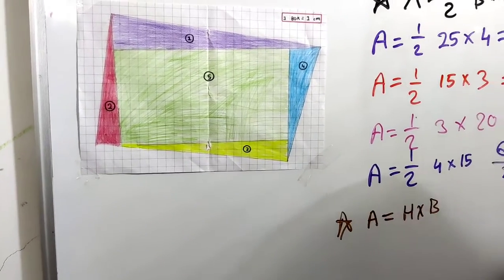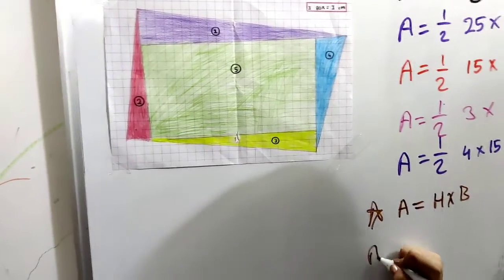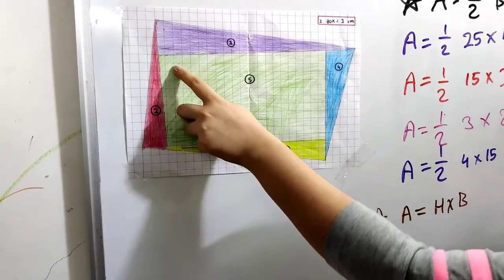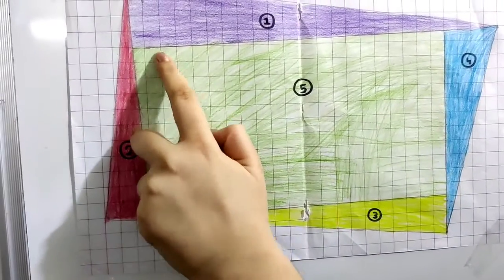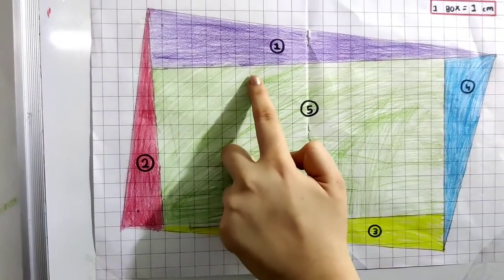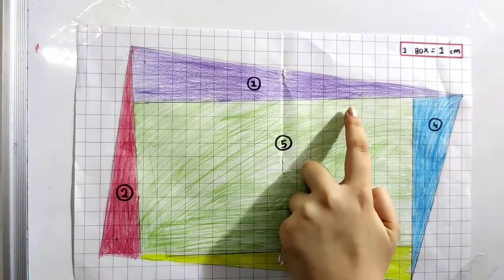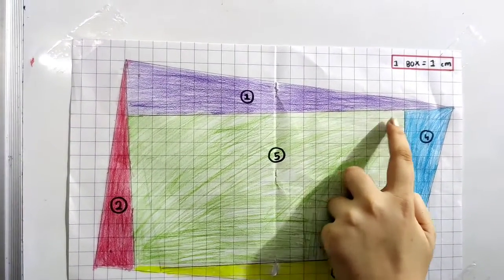So when you do that, it's basically area equals, now you count the squares over here, like 1, 2, 3, 4, 5, 6, 7, 8, 9, 10, 11, 12, 13, 14, 15, 16, 17, 18, 19, 20 and 21.